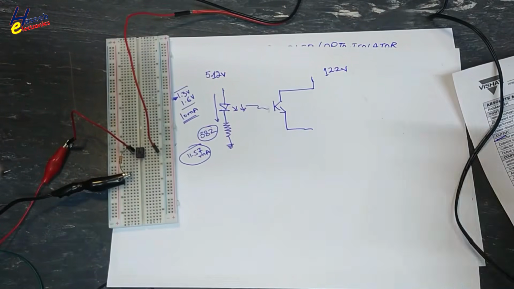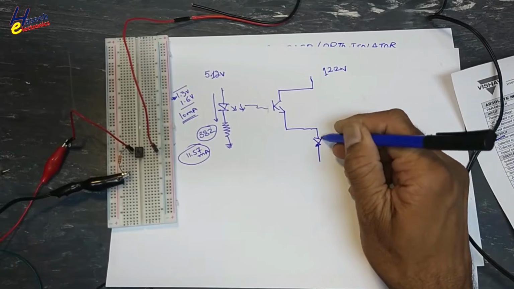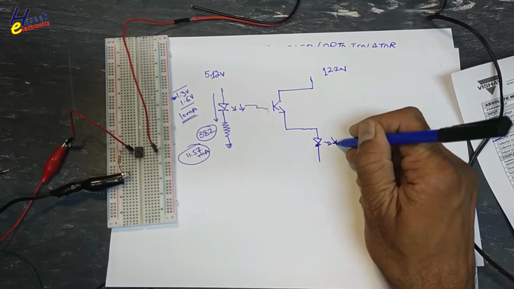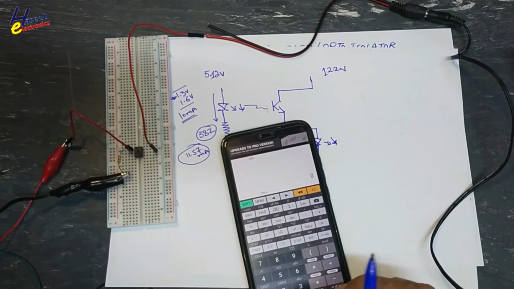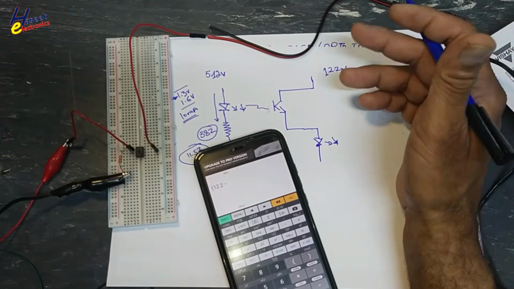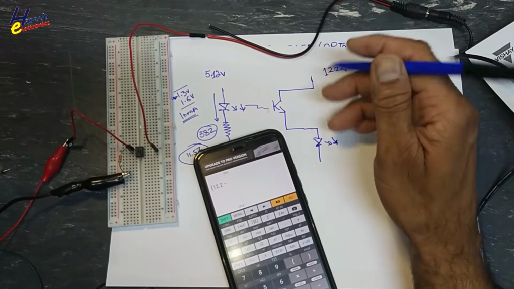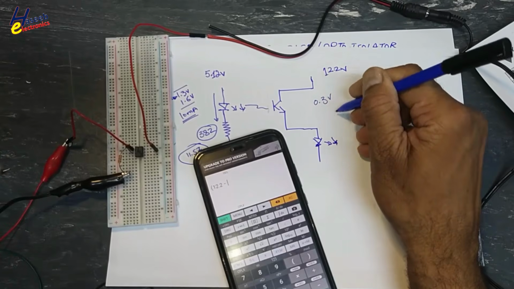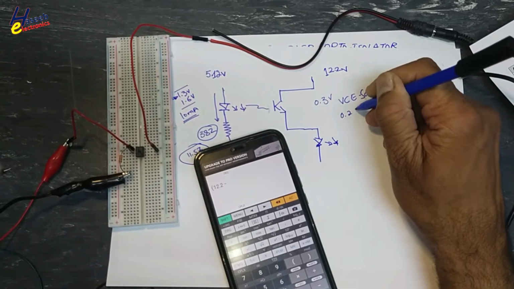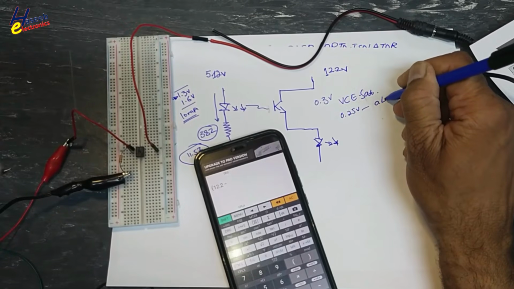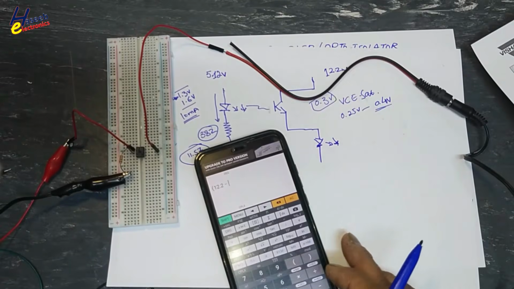Now if I want to turn on LED here as a visual result, 12.2 volt. In normal transistor, collector to emitter voltage are 1 volt, 1.3 volt, but in this 0.3 volt, that are VCE saturation. 0.25 volt to 0.4 volt, normally 0.3 volt, that are saturation voltage.